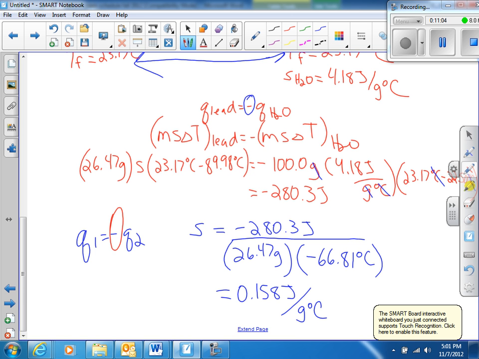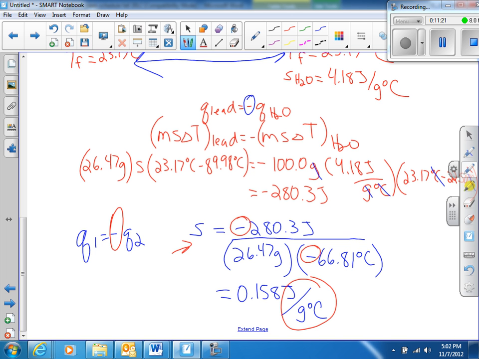Then in our equation, when we're solving for S, we have a negative and a negative, which cancels to give us a positive specific heat capacity. And notice our units end up at joules per gram degree Celsius. So you always have to keep track of all of your units in these problems.